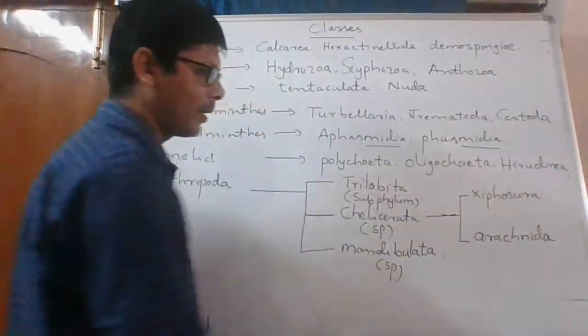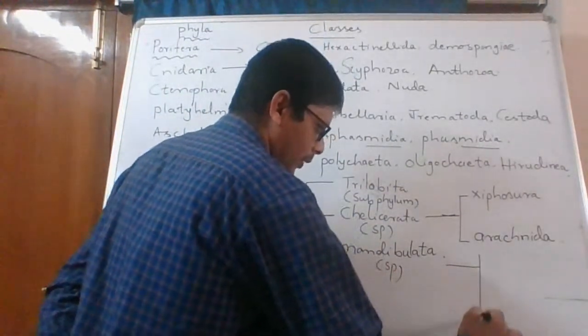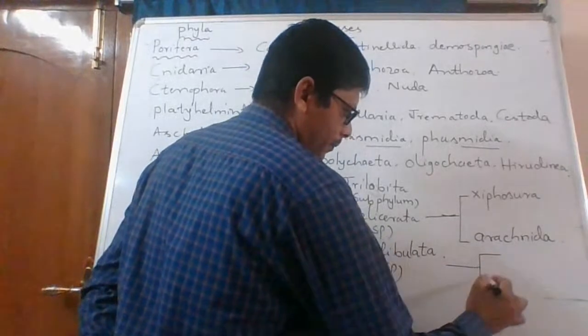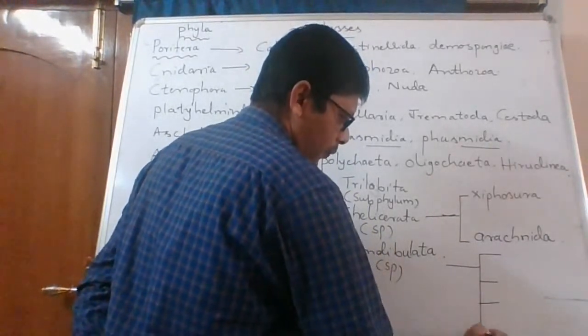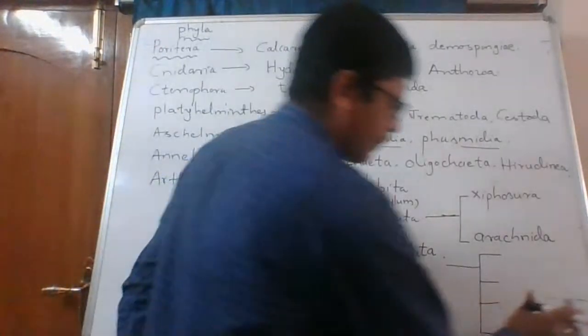Gyphosura, arachnida. Manipulator. In the subphylum Mandibulata, there are four classes.